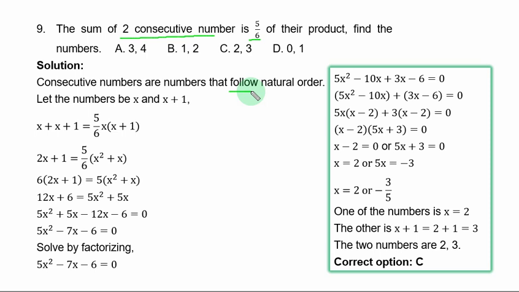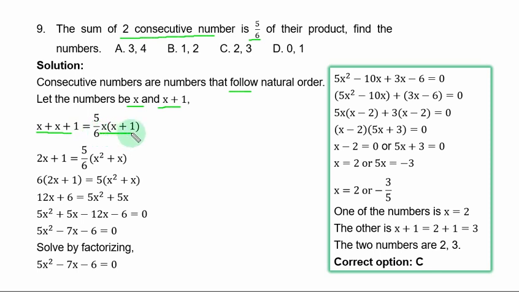But because you don't know which one to take, you have to assume. Let the first one be S. If they follow the order of 1, 2, 3, 4, if the first one is S, the second one becomes S plus 1. So their sum is this, and is equal to 5 over 6 of their product.